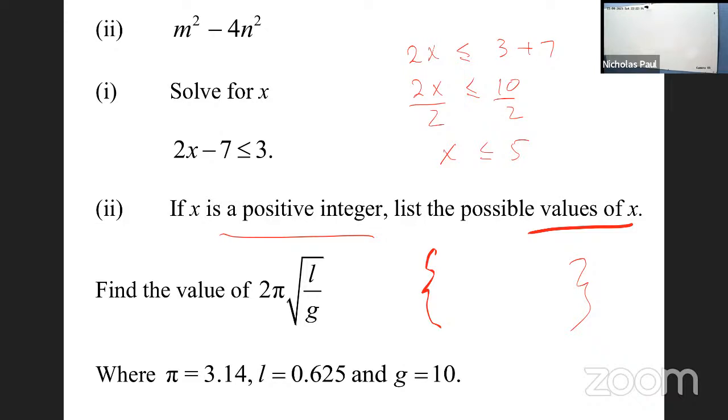So list the positive numbers that are less than or equal to 5. 5, 4, 3, 2, 1. 1 to 5. 5 included.